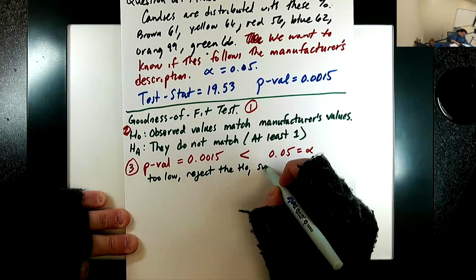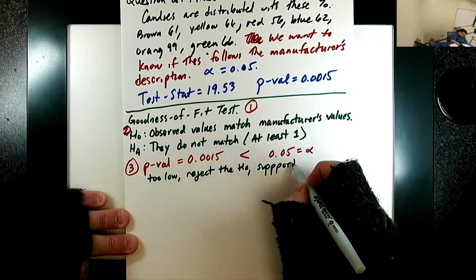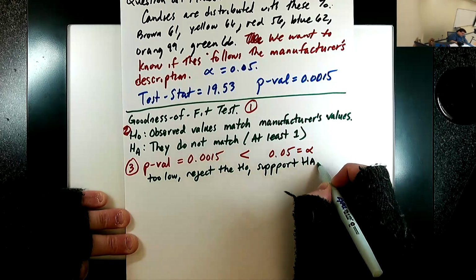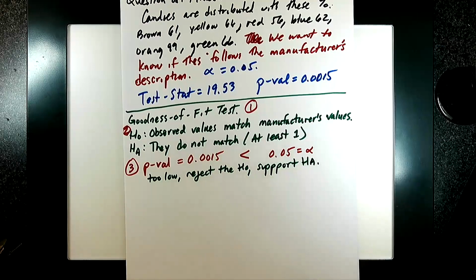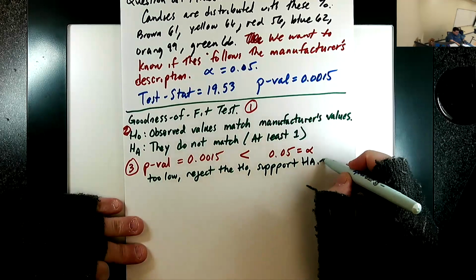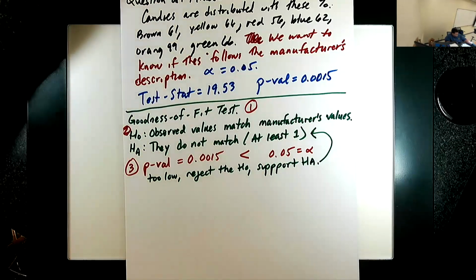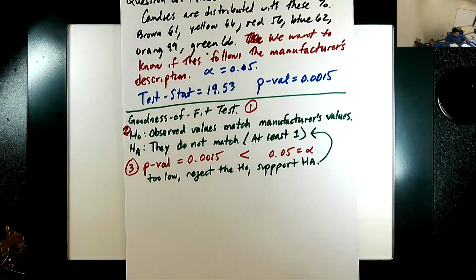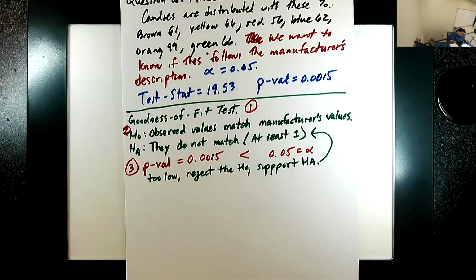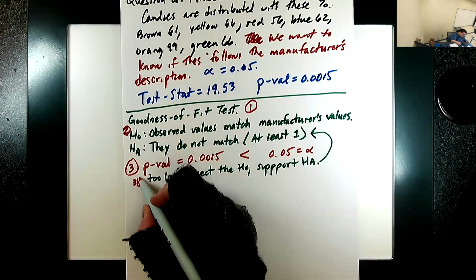Support HA. HA is they do not match the manufacturer's description. So that's kind of like a 3B right there.